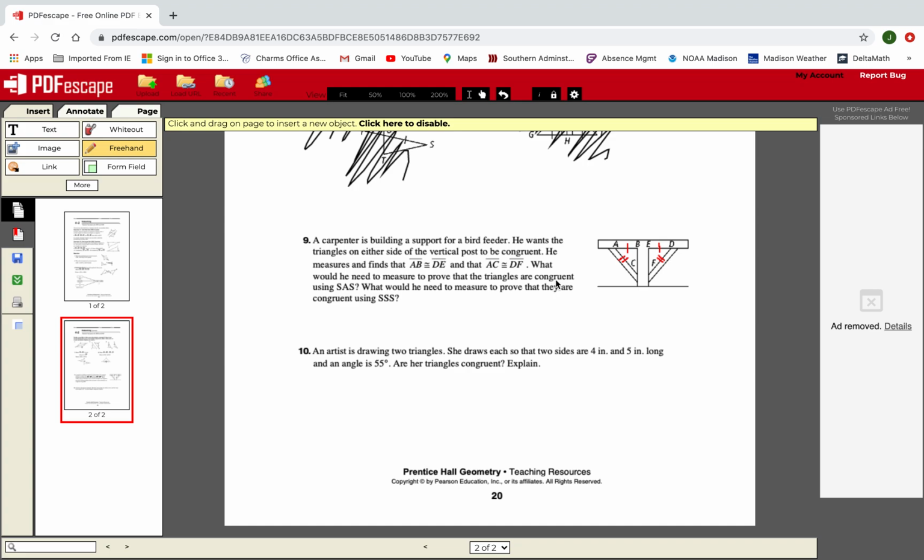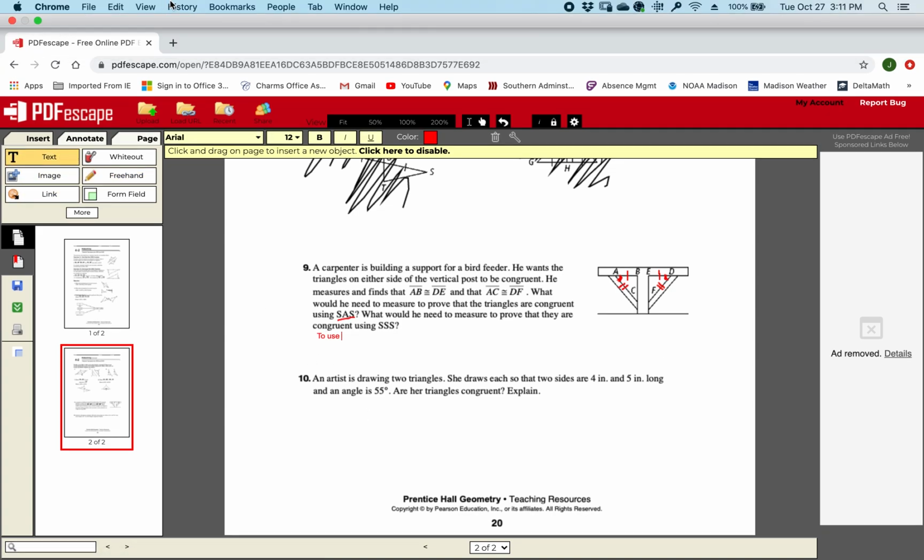What would he need to measure to prove that the triangles are congruent using SAS? Well, in order to use SAS, he would need this included angle. So he would need to know that angle A is congruent to angle D. To use SSS, obviously he would need that third pair of sides.